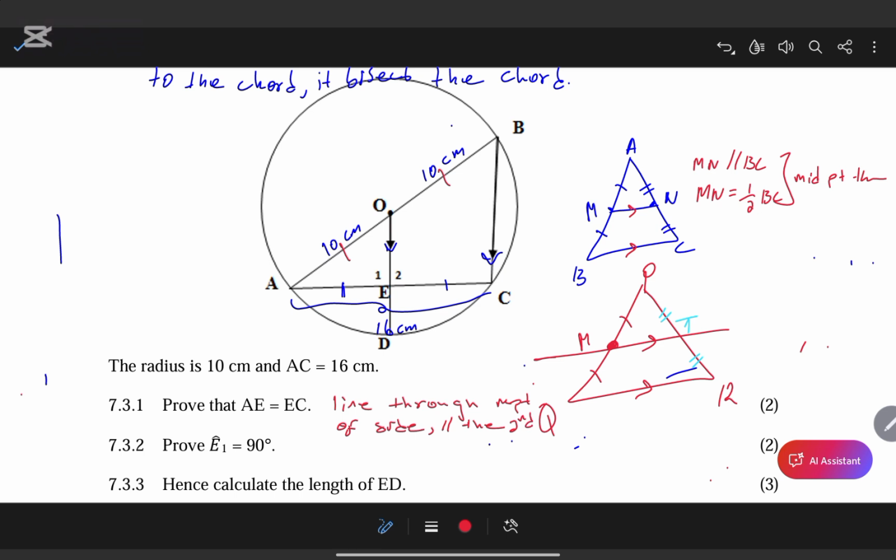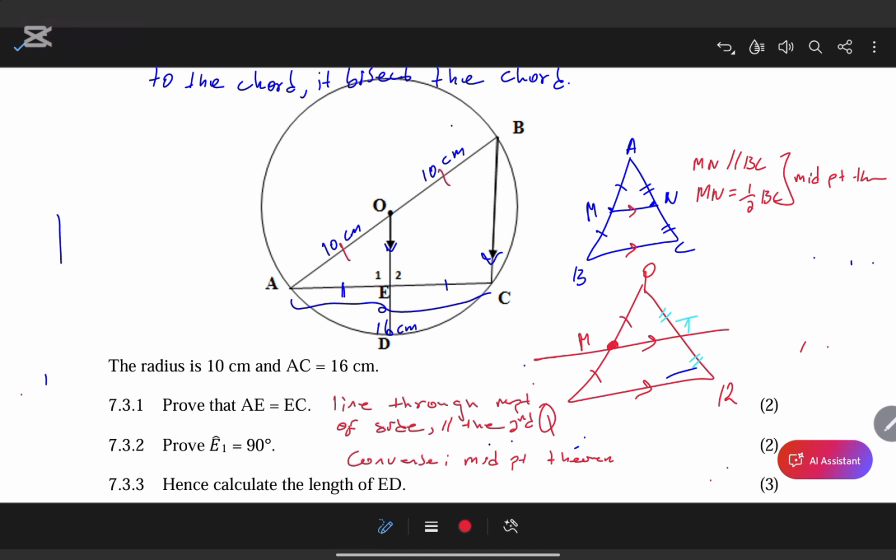Or you can simply write converse of midpoint theorem. Why? Because the line OE is parallel to the line BC and O is the midpoint of AB. Therefore, E should be the midpoint of AC. Right? The first approach of answering this question.